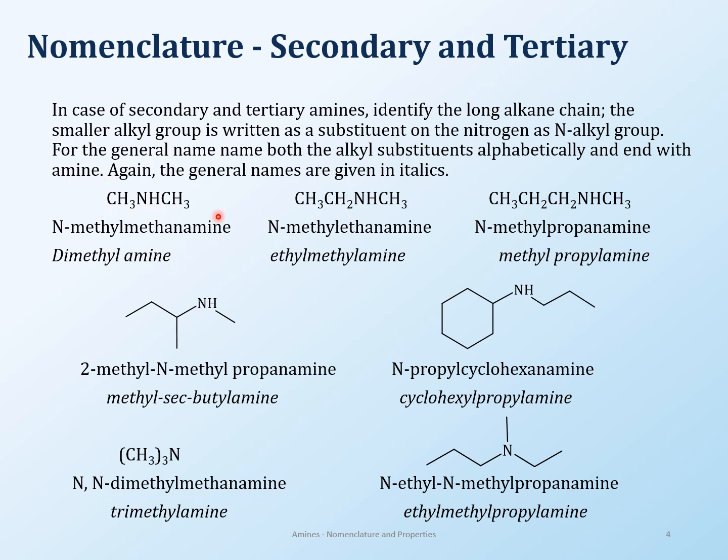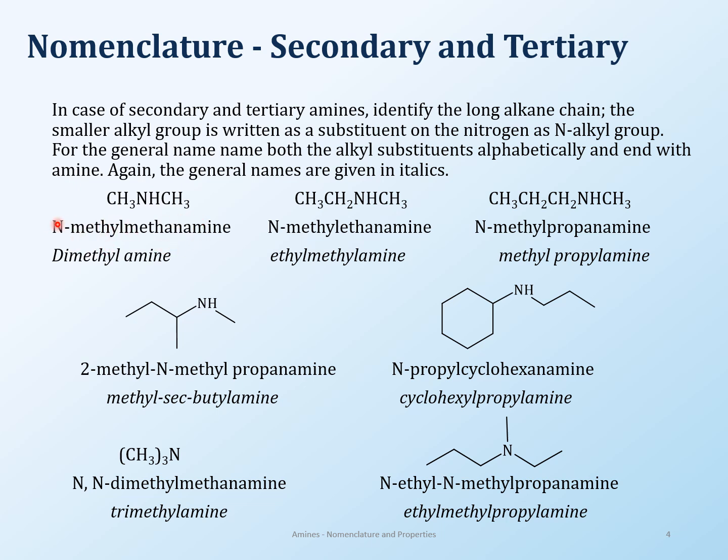So here, for example, when you have two methyl groups on the nitrogen, that's a secondary amine. So now you have to find the base name. The base name would be the longest carbon chain, and here both of them are the same, so it doesn't matter. So we say methanamine is the base name, but then to name the other alkyl group, you have to say N-methyl methanamine, okay?